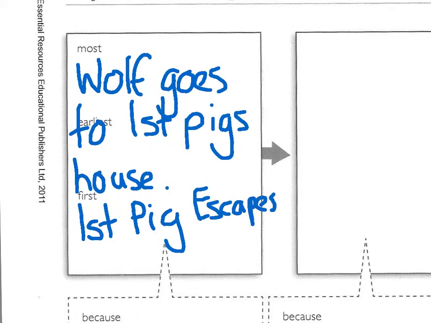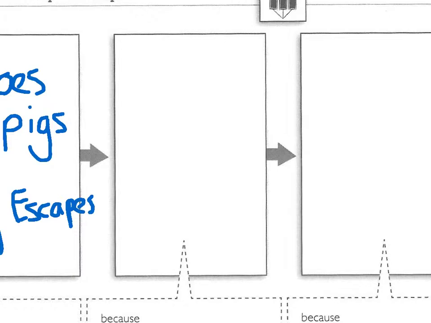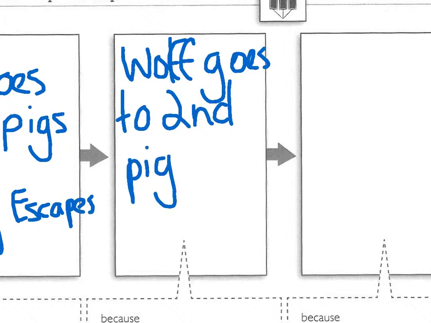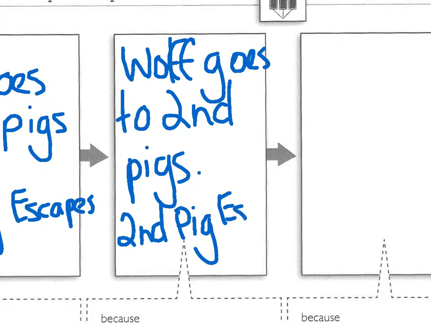Second bit, if we go to the next part, wolf goes to second pig's house. Second pig escapes. But again, I could add in house is destroyed if I wanted to.